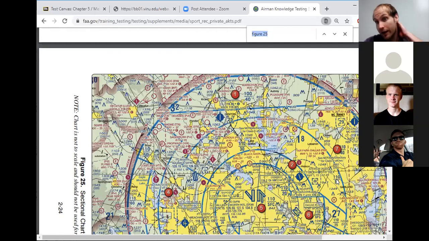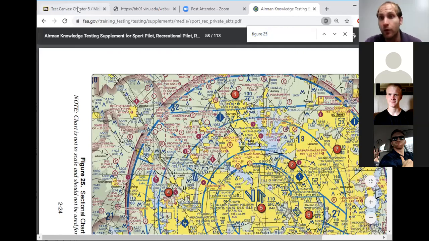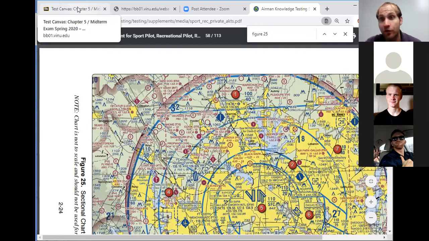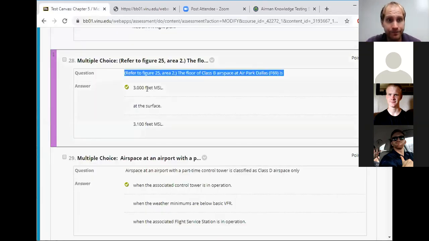Above 11,000, we're in Echo, and the Echo goes all the way up till flight level 180, 18,000. Alpha airspace up to 60,000, flight level 600, and then we're back into Echo again. So there you go, tricky airspace example, and we discovered that the floor of the Bravo on that shelf is 3,000 MSL.